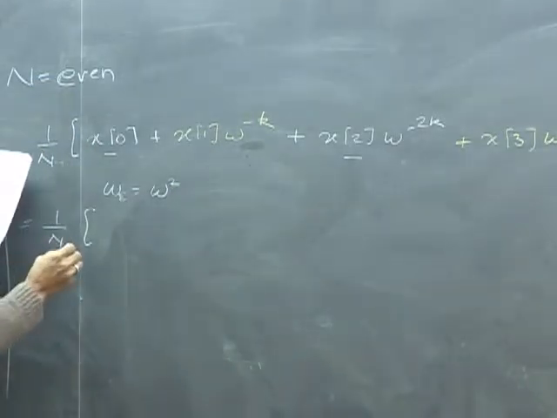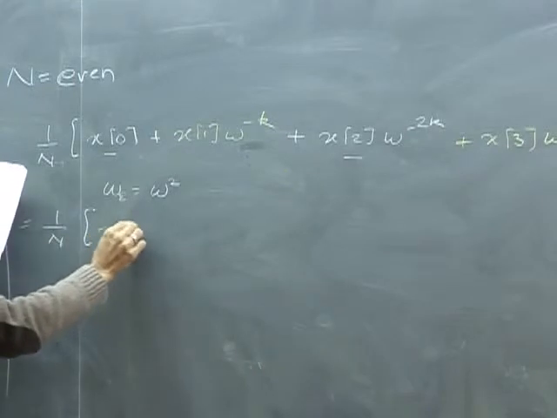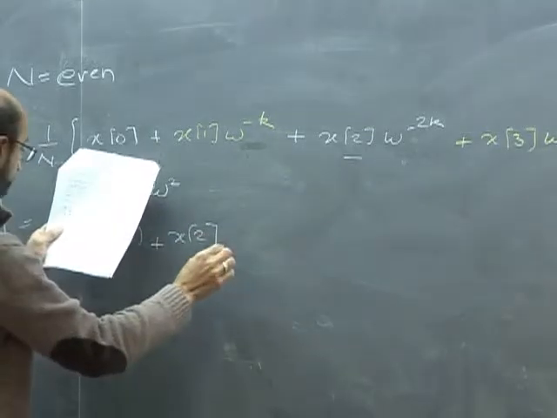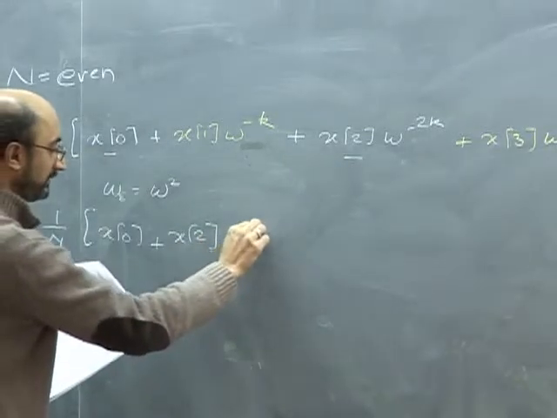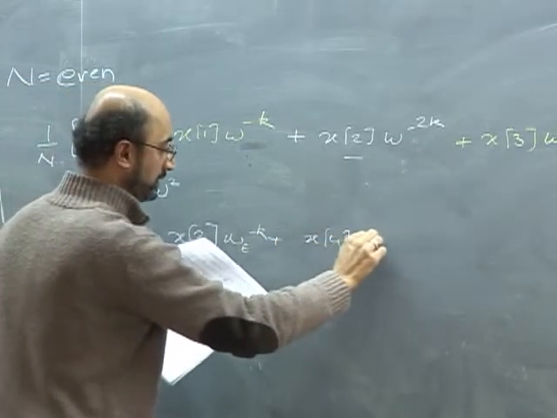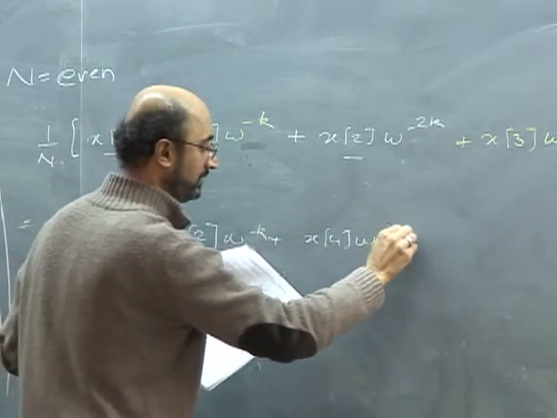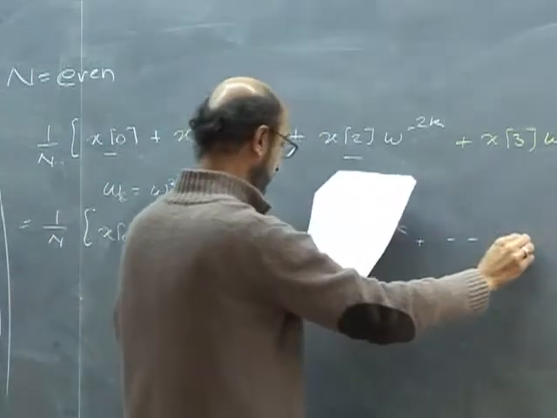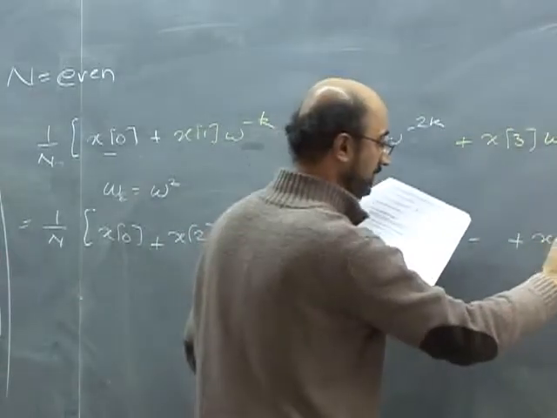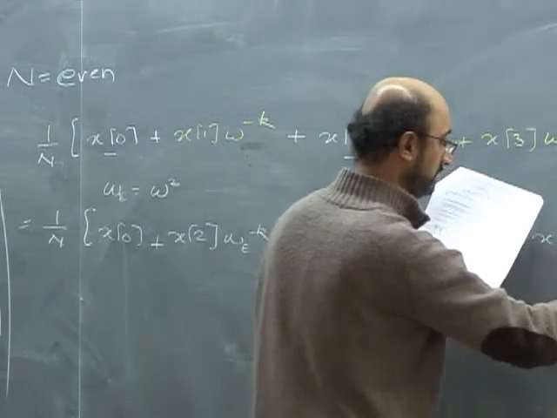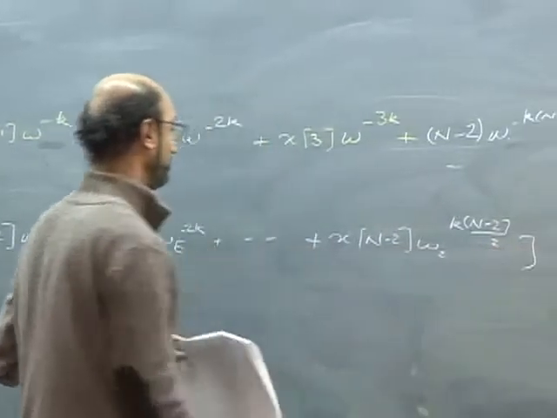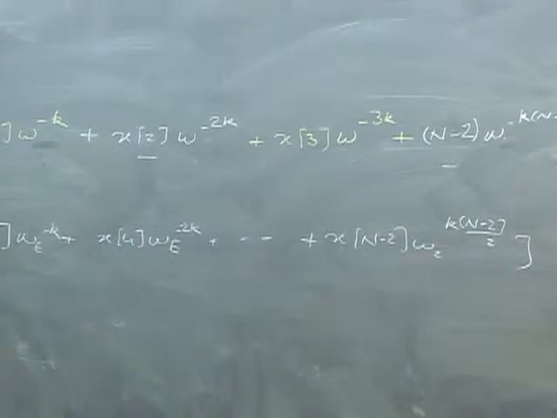So let me just write this one over here: x0 plus x2 omega e to the minus k plus x4 omega e to the minus 2k plus, and the last term is going to be x n minus 2 omega e to the power k times n minus 2 over 2. And this is just replacing this one thing over here.